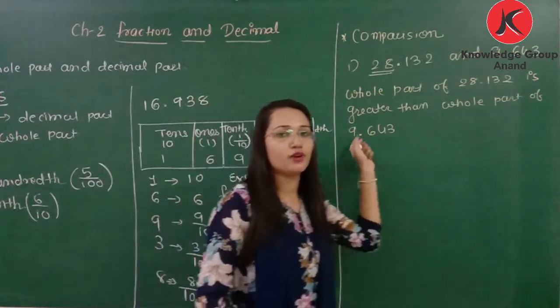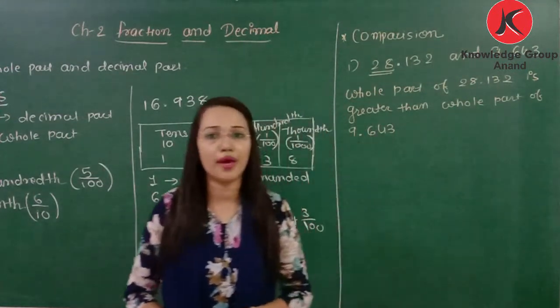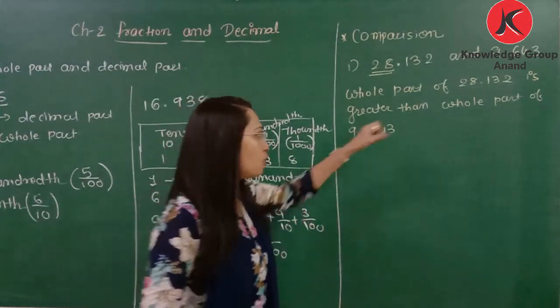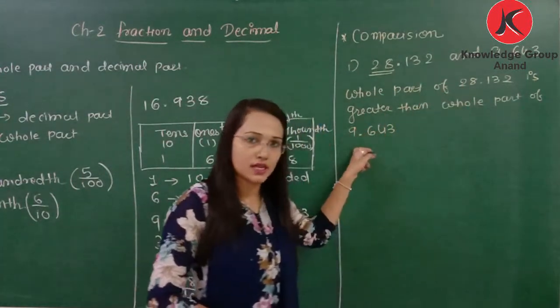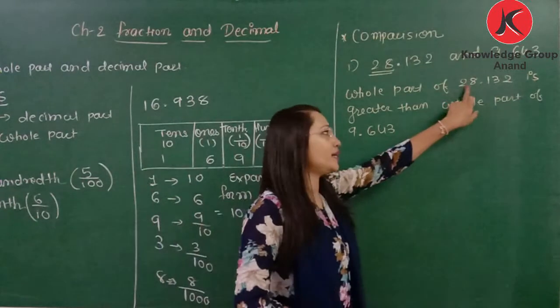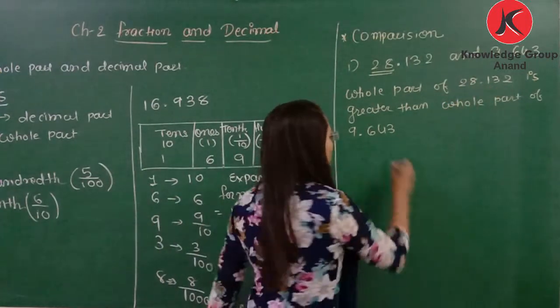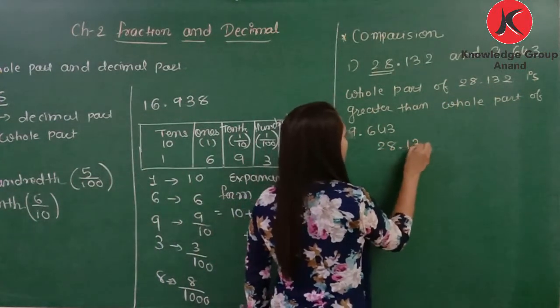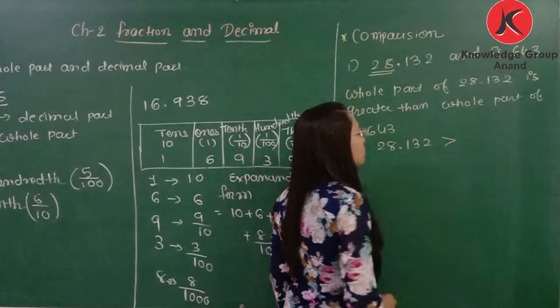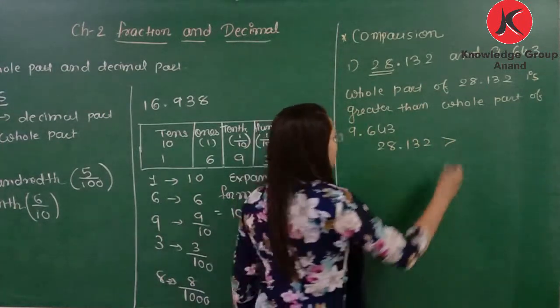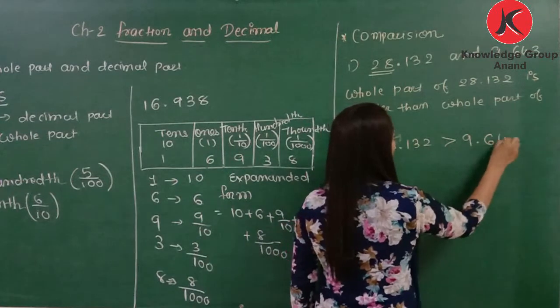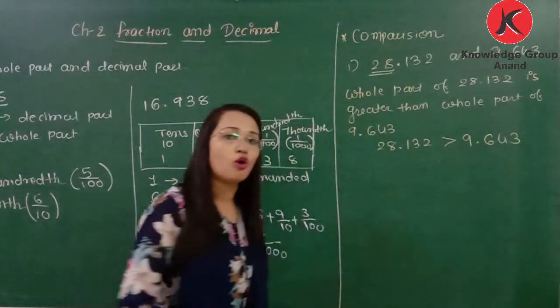So first of all we start the comparison by comparing the whole part. Here the whole part is 28 and here the whole part is 9. So which one is greater? 28.132. So here we can write 28.132 is greater than 9.640.